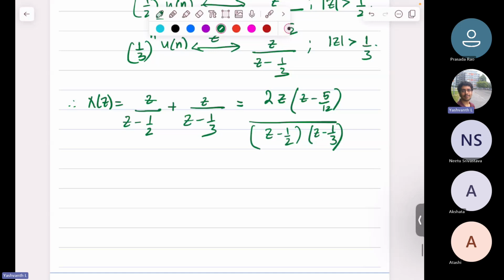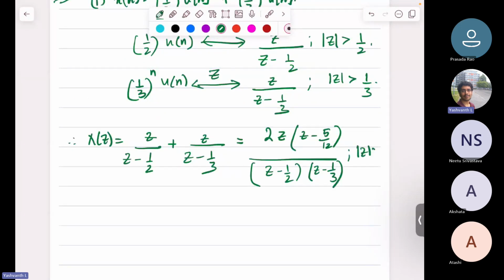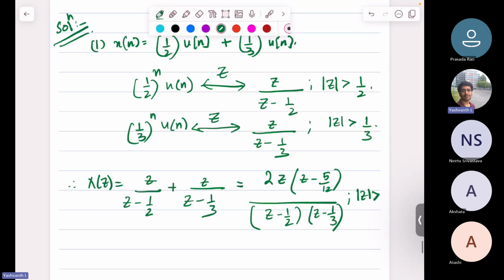Now, what should be the common ROC? Tell me. For the first signal, the ROC is half and outside. For the second signal, it is 1 by 3 and outside. Which is bigger, 1 by 3 or 1 by 2? You should talk about the bigger one, right? Because now you have to intersect both the ROCs. One says it is bigger than 1 by 3. The other ROC is bigger than 1 by 2. The intersection is bigger than 1 by 2.